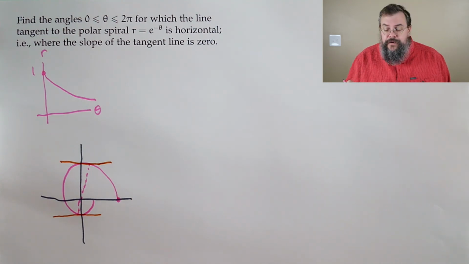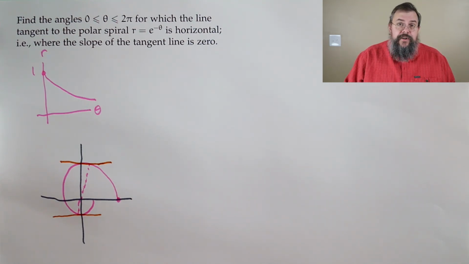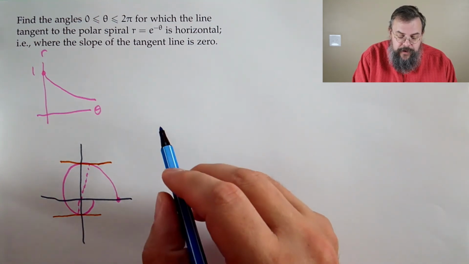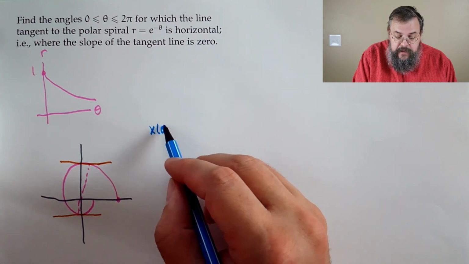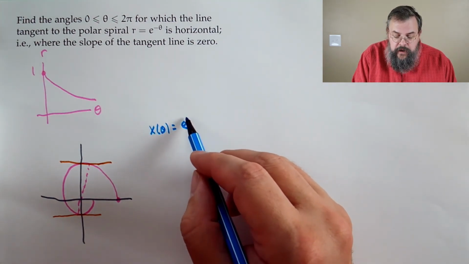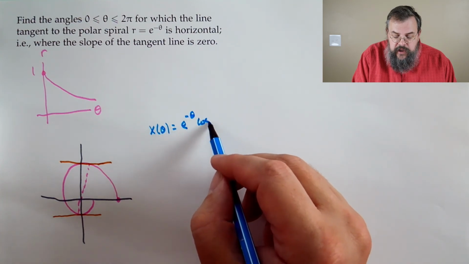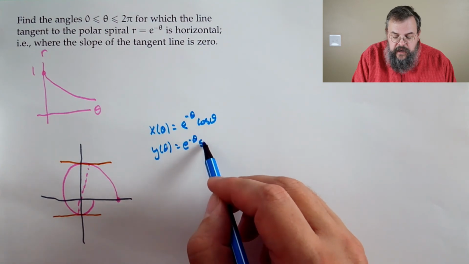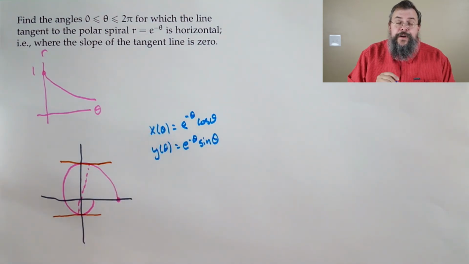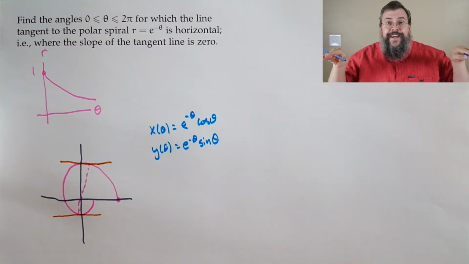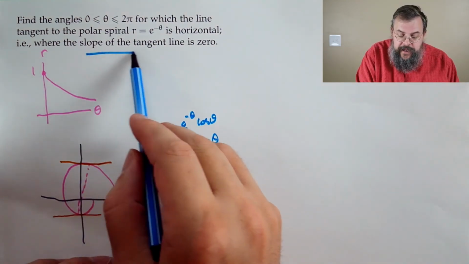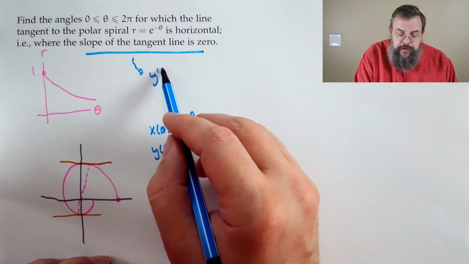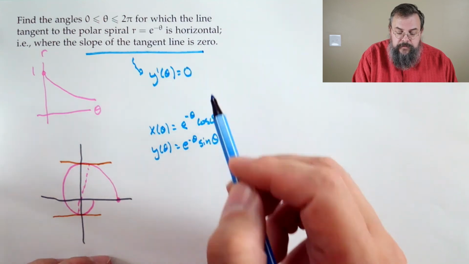Well, if we think back to what we have, the way we find tangent lines to polar curves is we make things parametric. So we have our x of theta would be r cosine theta, and our y of theta would be r sine theta. So if we want a flat tangent line, which is what we're after, that tells us we need y prime of theta to be 0.